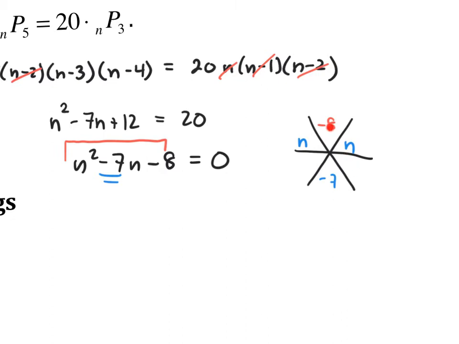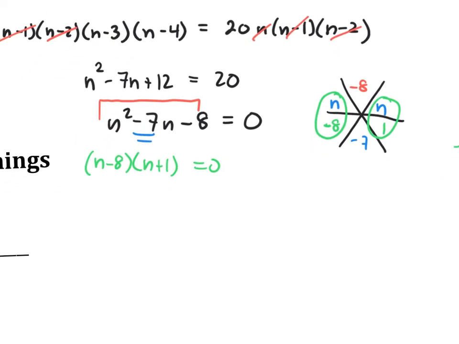They have to multiply this way and add this way. And clearly there are only two numbers that do that: negative 8 and positive 1. So when I do, I have this factored. So I have an n minus 8 times an n plus 1 equals 0.